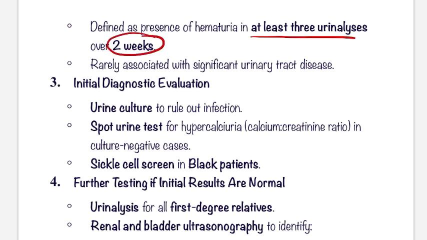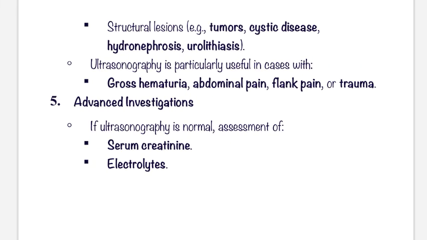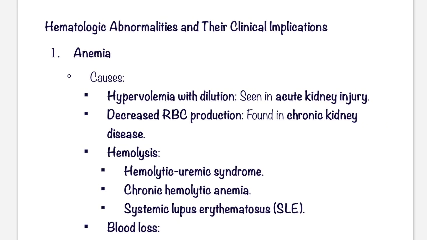How will you diagnose? Urine culture, spot urine test, and sickle cell screen. Okay, for structural lesions you will do USG, and if USG is normal, you will do serum creatinine and electrolytes. Okay, so in this hematuria, are there other hematological abnormalities associated?